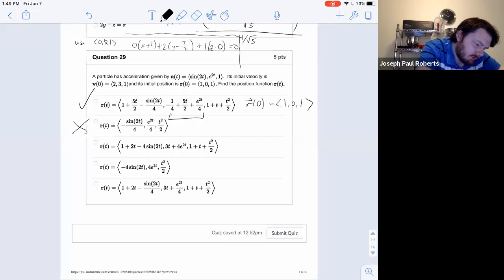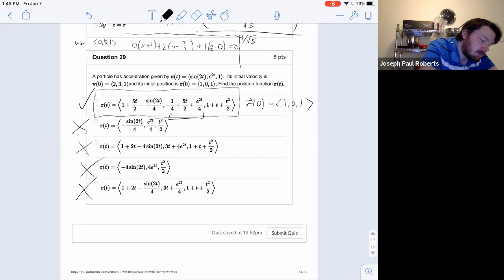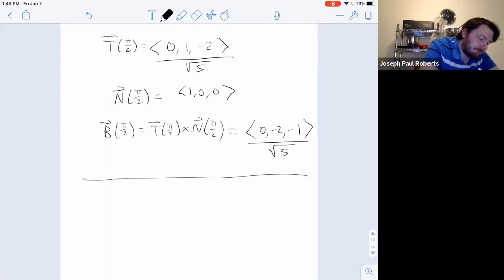Yeah, that one doesn't. Right? The middle component is equal to 4 when t is 0. Middle component's 1/4. So honestly, the only one of these choices that has r of 0 equals 1, 0, 1 is that first choice here. So if there is a correct answer, then that's got to be it. But I guess we should go through it and actually do it.